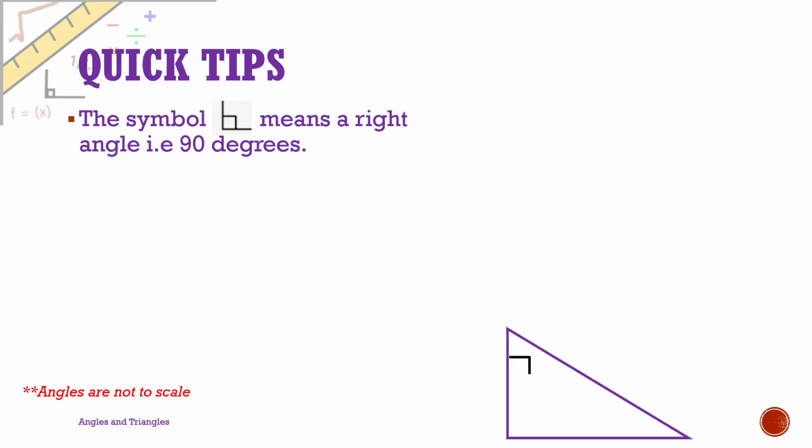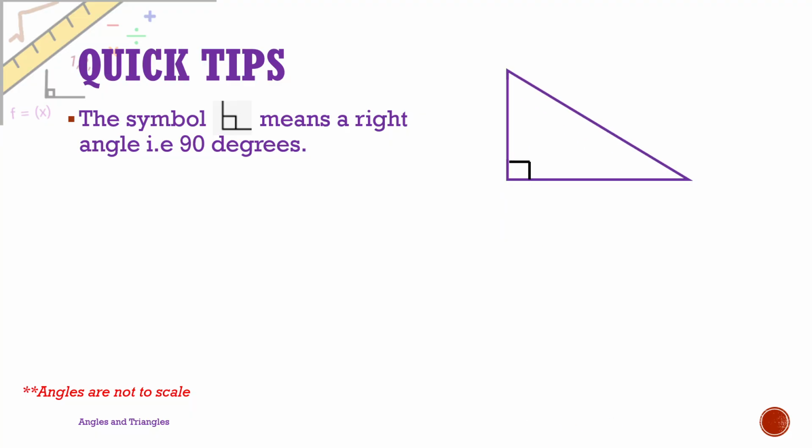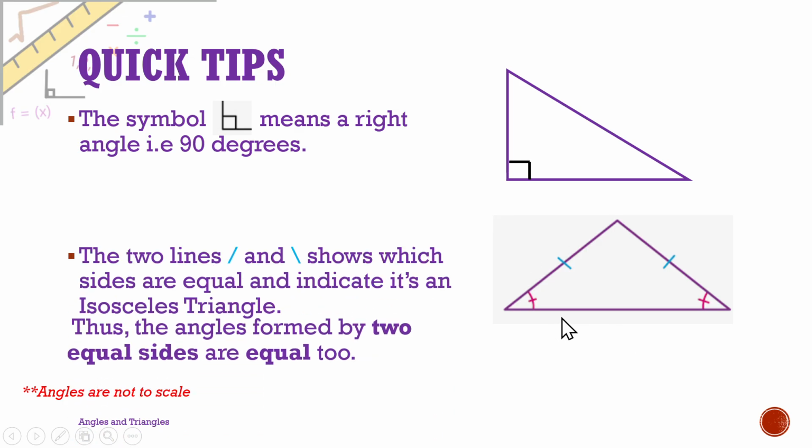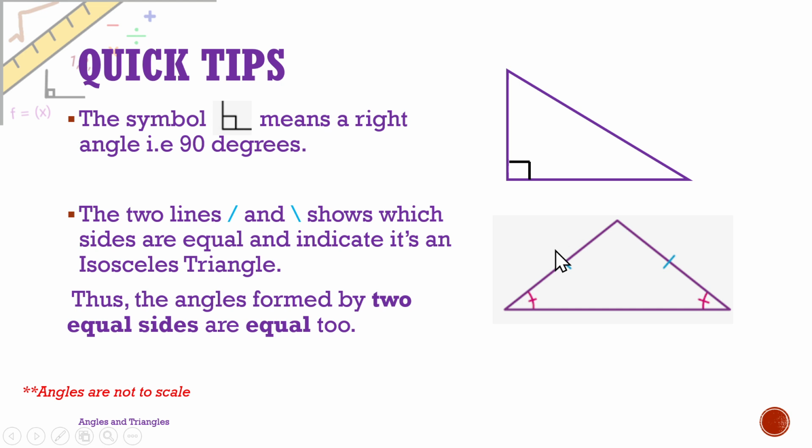Quick tips around solving the problems where you are to find the missing angles in a triangle. You need to look at the triangle diagram given to you. At times, the symbol which is shown here in a triangle indicates that it's a 90-degree angle. In a triangle diagram where you see two lines on the sides of the triangle, this shows that these two sides of a triangle are equal.